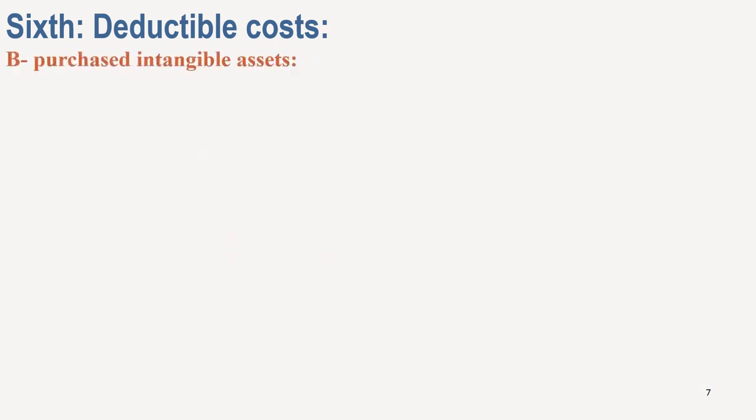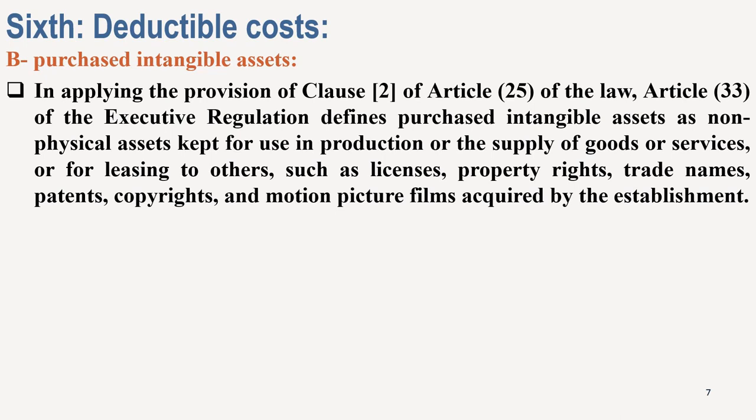The second group of depreciated assets are purchased intangible assets. In applying the provision of the second clause of Article 25 of this law, Article 33 of the Executive Regulation defines purchased intangible assets as non-physical assets kept for use in production or the supply of goods or services or for leasing to others, such as license, property rights, trade names, patents, copyrights, and the motion picture films acquired by the establishments.